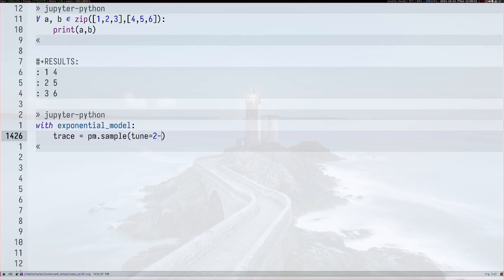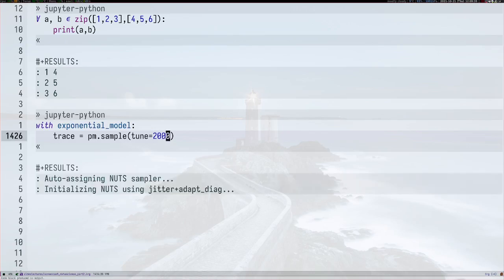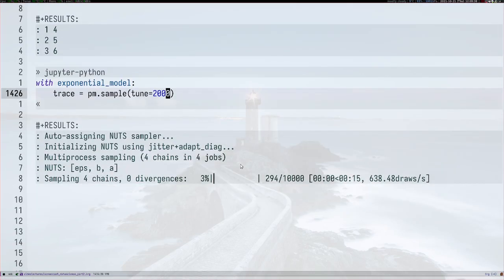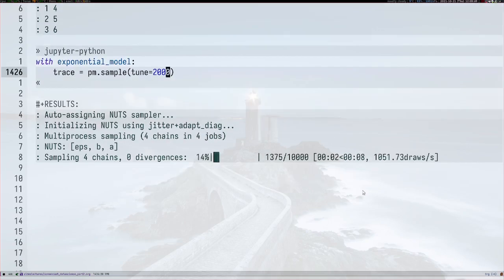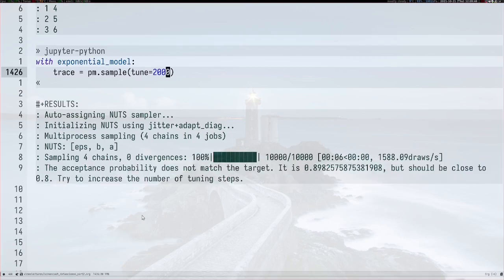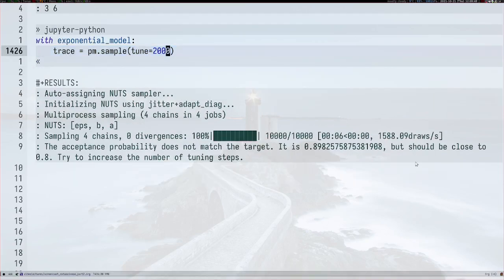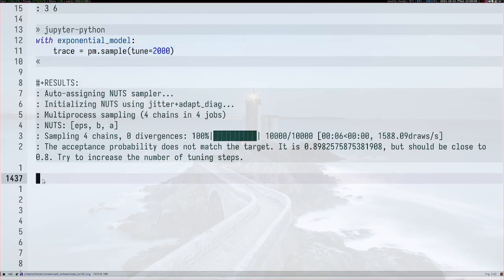So let's say we have 2000 samples to tune. So this will take some seconds. It goes pretty fast, but it will take some time. So we get a warning that the acceptance probability is not exactly what it should be, but let's not worry about this here.